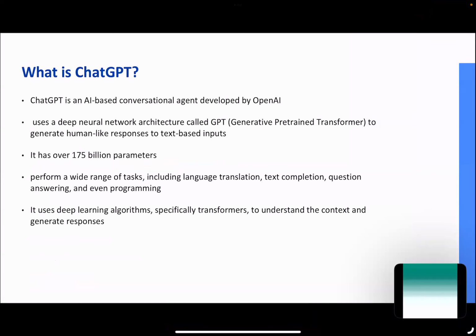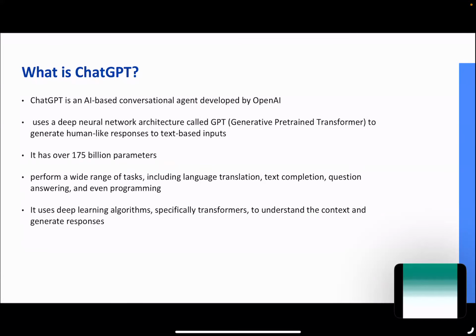Okay, so today we are going to discuss ChatGPT, how it works, what is behind ChatGPT, and how AI is helping to grow ChatGPT. ChatGPT is basically an AI conversational agent developed by OpenAI that uses a deep neural network to give answers that are similar to human answers.